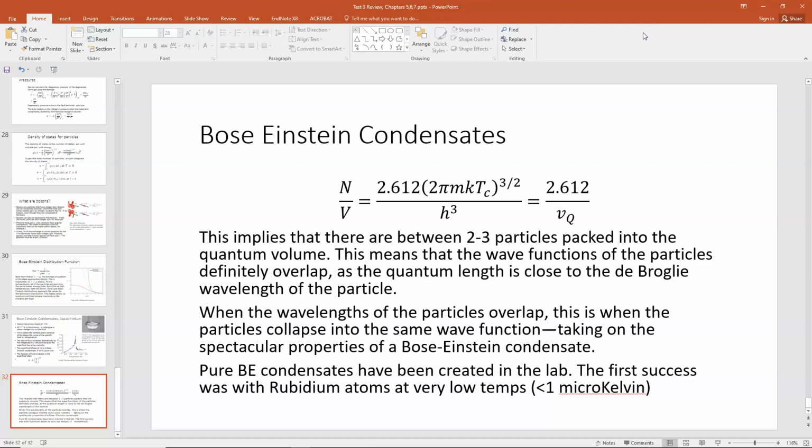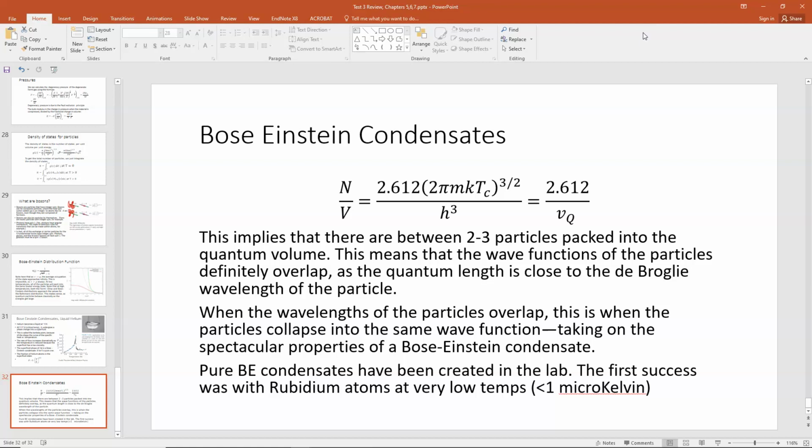Since the quantum volume is basically the de Broglie wavelength cubed, or very close to it, the wave functions of those particles are definitely going to overlap. When the wave functions overlap, they lose their singular identity and they become a cohesive unit, and they take on the really interesting properties of a Bose-Einstein condensate at that point.